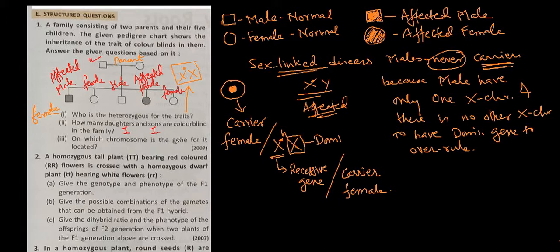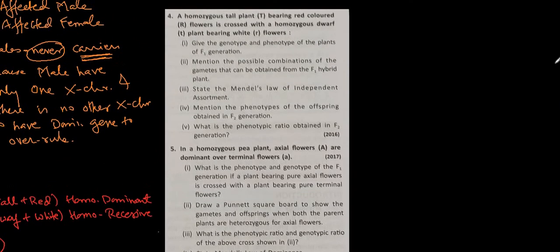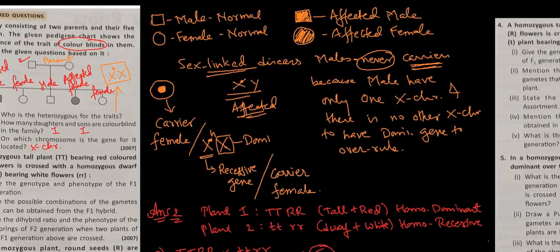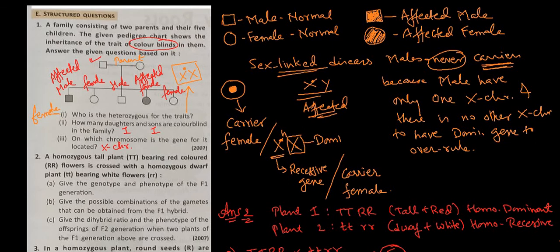On which chromosome is the gene for it located? So we say the X chromosome, because the gene for colorblindness is located on the X chromosome. Understood? So this is about question number 1. Then question number 4 and question number 5. Here it is the same thing. Here red color flowers with the tall one, it is the same sort of question, which is question number 2.